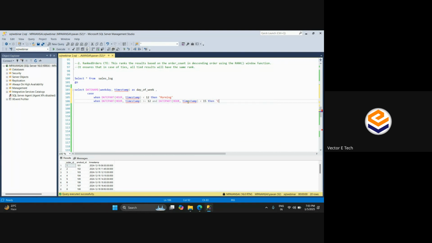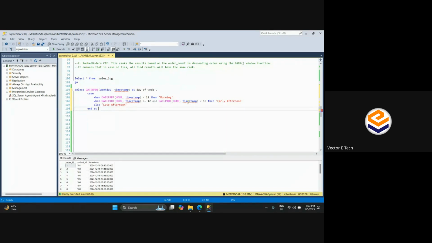Early afternoon, right? I hope we are able to understand this simple case when statement. Else we can use the condition called late afternoon. Okay, so we can end this case statement.